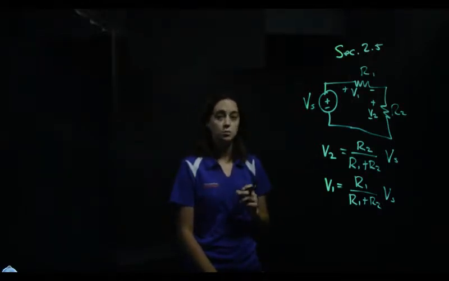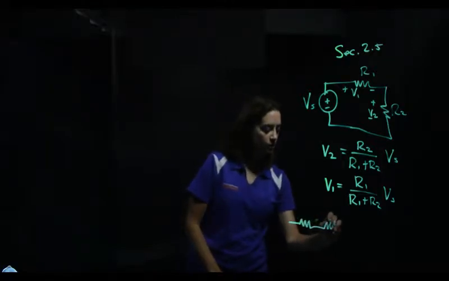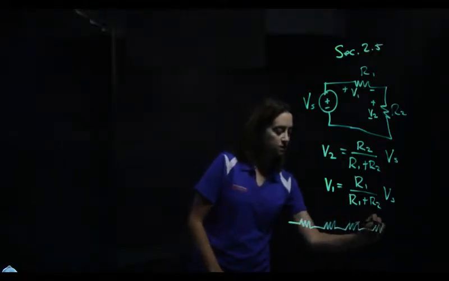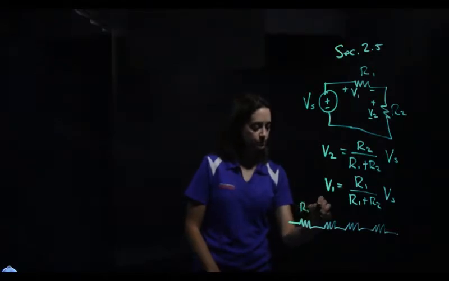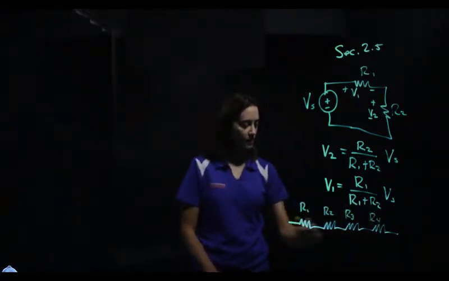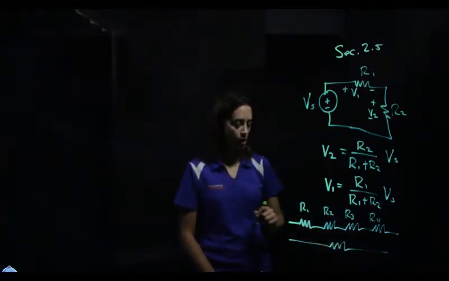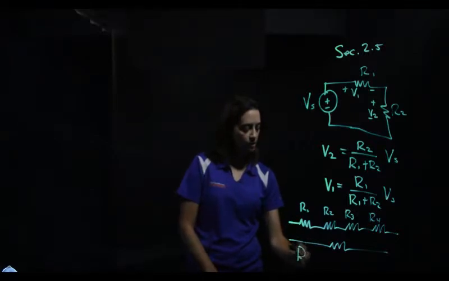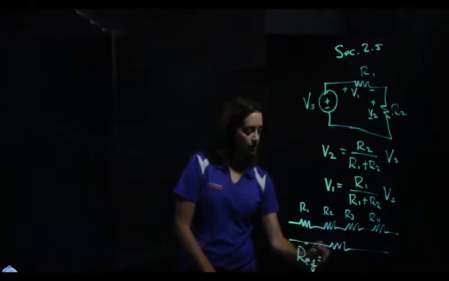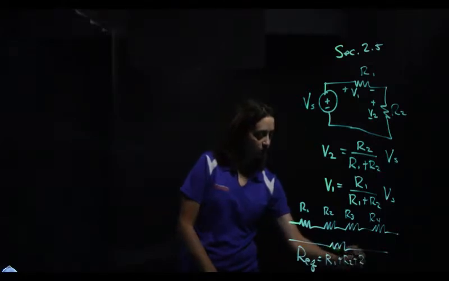One other thing that they also talk about in this section is how to combine resistors in series. You just simply add them. So if I have any number of resistors in series with each other, then I could replace all those resistors with one equivalent resistance, Req, that is simply the sum of these resistors.